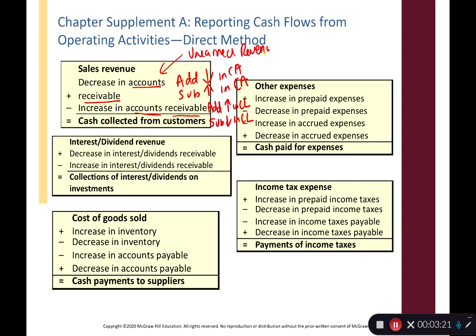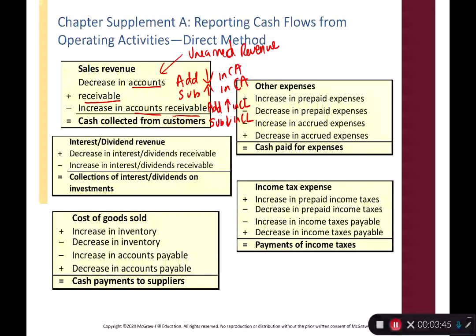So you should be aware of that. Most of the related accounts are slap you in the face obvious, which we'll talk about in a bit. But for revenue, it can get a little tricky because accounts receivable, you have to remember, is the result of selling things on account, and sales is the same as revenue. Unearned revenue has the word revenue in it, so that should be a clue that that also relates to our revenue account.